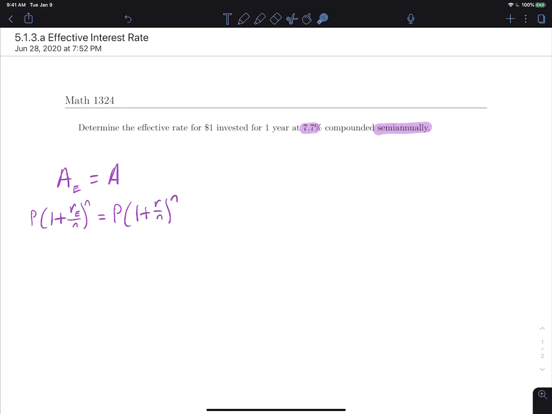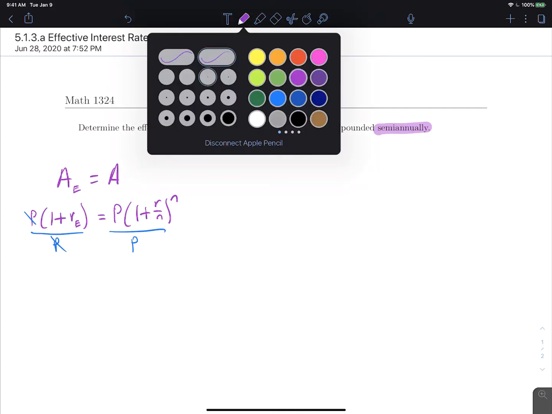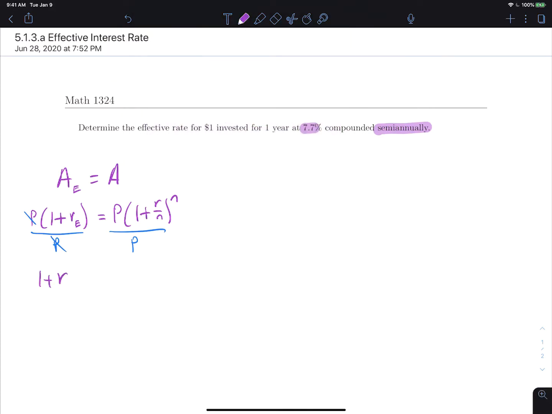Now, over here, this N isn't even going to be there because effective interest rate really does define as if it only compounds once a year. So notice that if we divide by P everywhere here, those go away, and I'm left with 1 plus R sub E is equal to parentheses 1 plus R over N to the nth power.